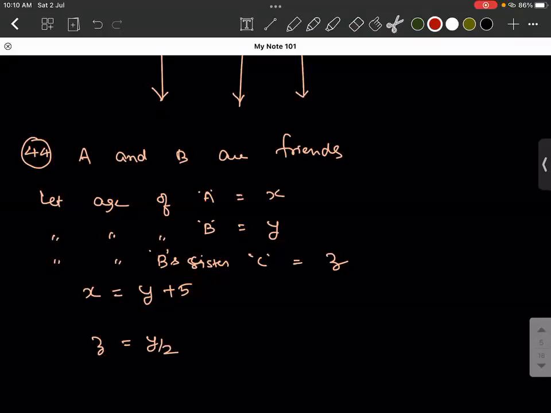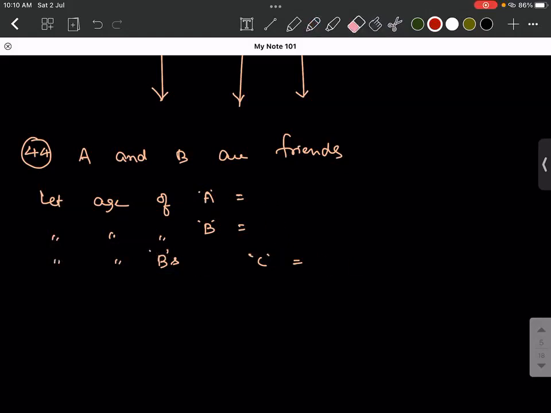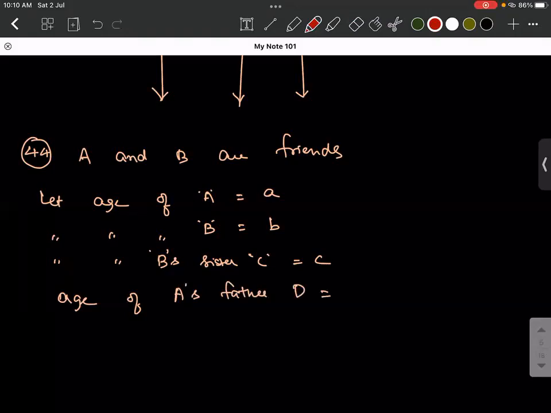Okay, then I'll go with A, B, C. They didn't use XYZ. They mentioned it. Okay. So A, B, C. Then the age of A's father, that is D, is how much?